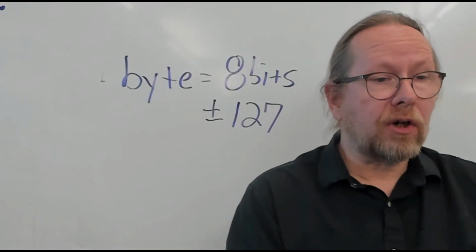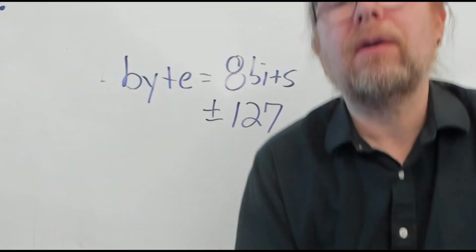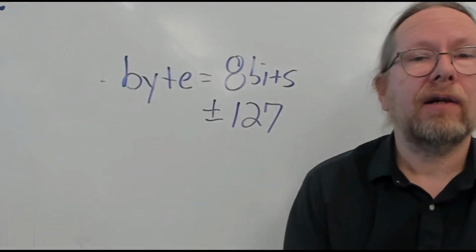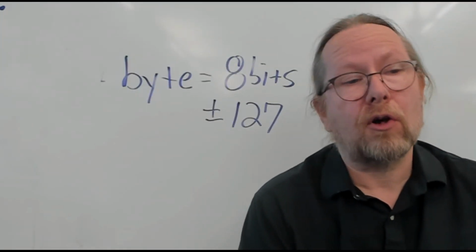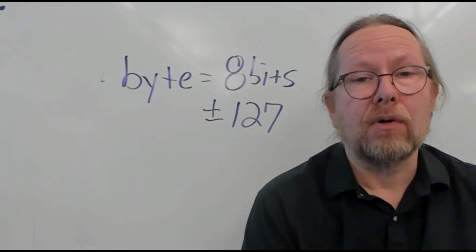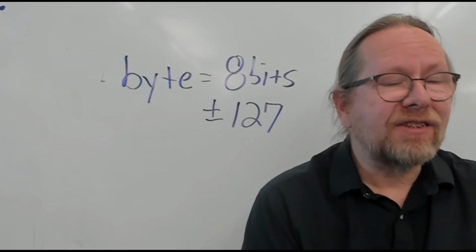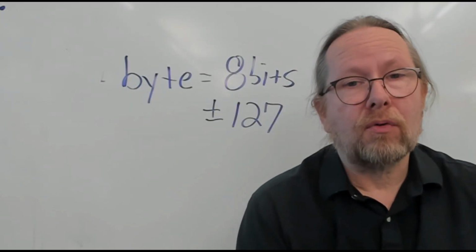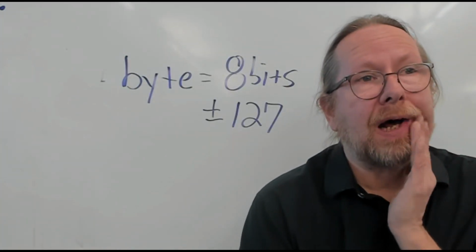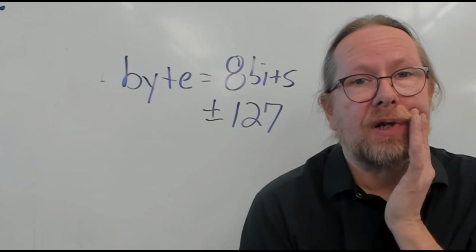Okay? So if you know you're going to have a number that's never going to be bigger than 127, you could declare it as a byte, and you won't get an overflow as long as you don't accidentally make that number 129. So this is important to know when you're writing programs, that you want to keep an eye on the size of your variables and make sure they don't exceed these limits.